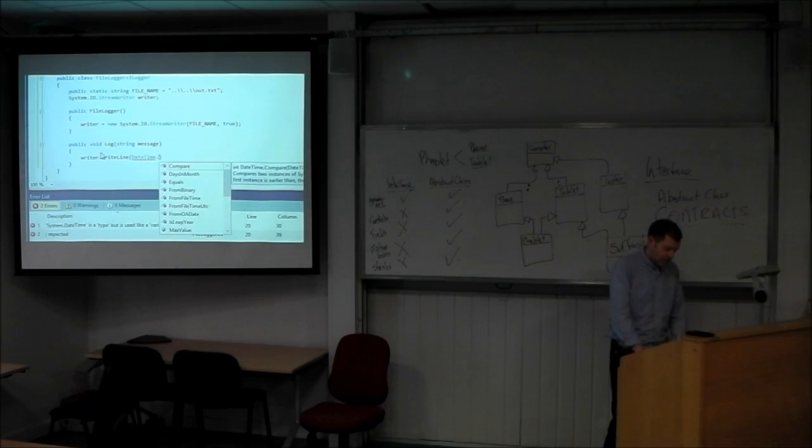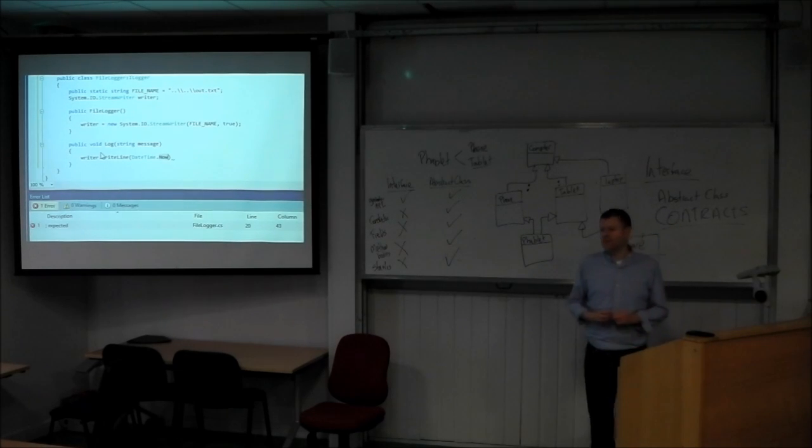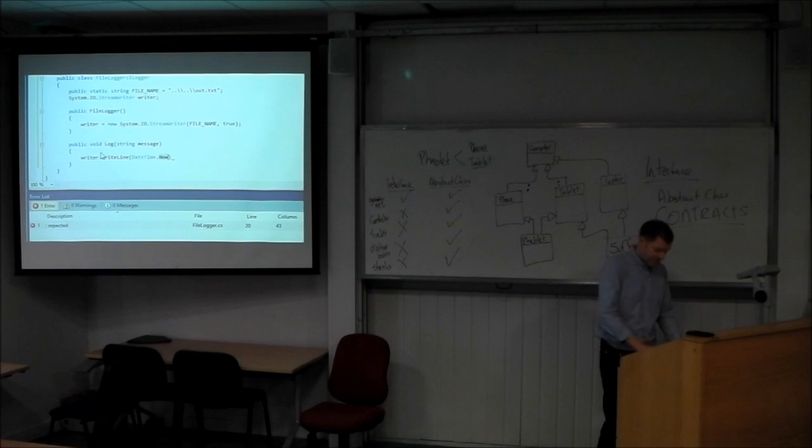So DateTime.Now is a static on DateTime which gives you the current date and time. And it will convert it to a string because this method takes a string. So I'll pass in a \t tab for that.